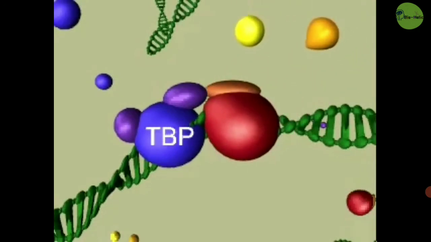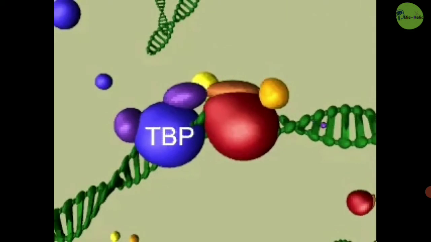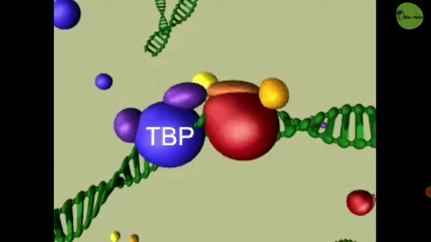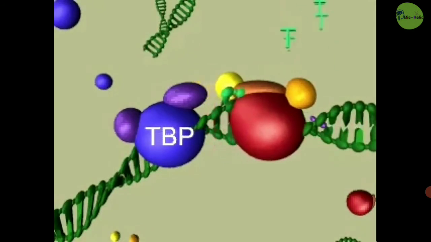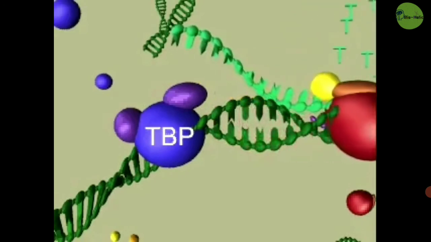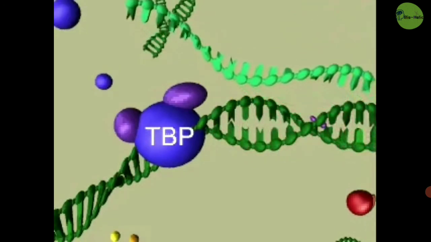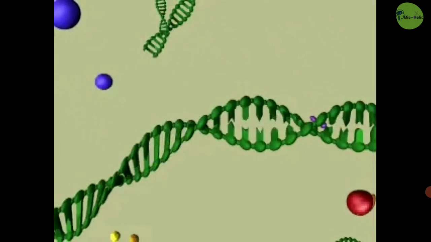Then RNA polymerase II comes along with other transcription factors to complete the transcription initiation complex formation. Then we can see RNA polymerase proceeds gradually by adding nucleotides to form a complete pre-mRNA strand.